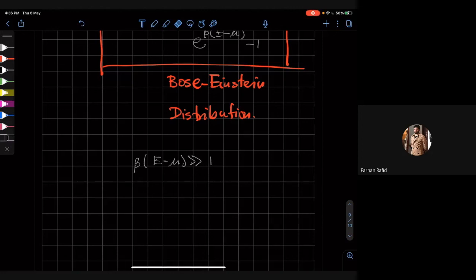Okay, so in the next class, we will look at applications of these statistics. We shall look at the Bose-Einstein distribution and see how it was used by Einstein to predict what is now known as the Bose-Einstein condensation, which is an exotic form of matter. And if there's time, we might also discuss a phenomenon very specific to fermions, known as degeneracy pressure, which allows for neutron stars.